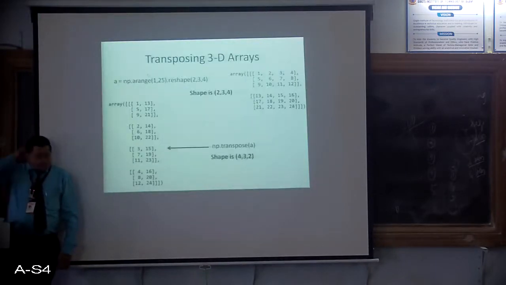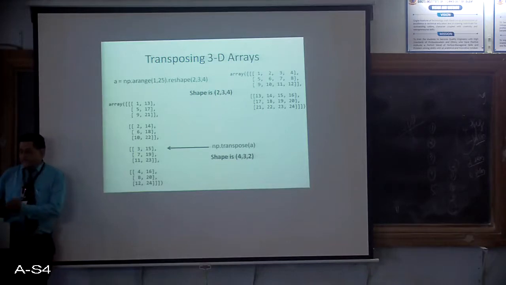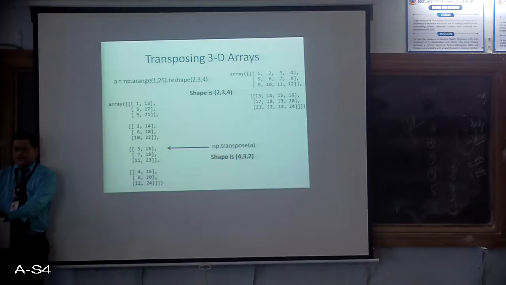Now we can also transpose three-dimensional arrays. For example, let us assume that I have a three-dimensional array created out of values 1 to 24, whose shape is 2, 3, 4. This is how it looks. It's a array having two two-dimensional arrays, that is, the outermost index is 2 and it has 2D arrays of the order 3 by 4.